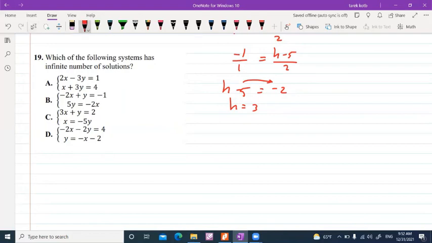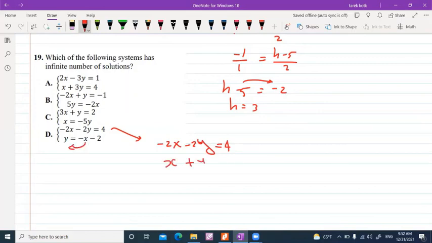That means you need to arrange the equations and compare x, y, and c in all equations. If you look at this equation, it will be 2x minus 2y equals 4, and the other one, if you rearrange it, getting x to the other side, will be x plus y equals negative 2.